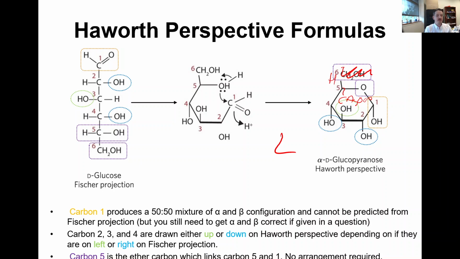That's going to be the L sugar. You don't need to know that for undergraduate level, but you do need to know that for graduate level. D-glucose is where, in the Haworth perspective, the CH2OH is above for D, and it is below for L. That's just FYI for undergraduates, but test material for graduates.